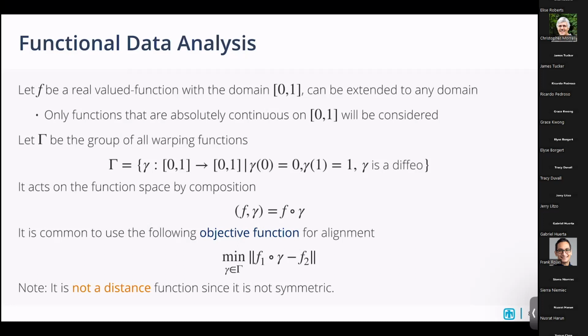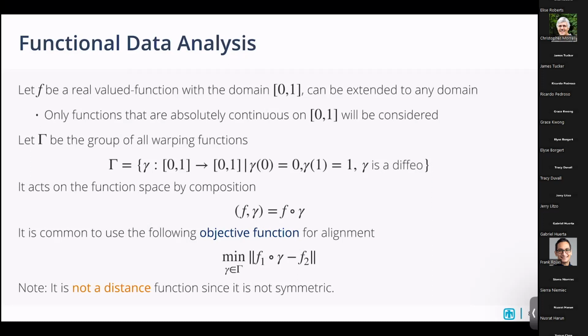The problem is that if we use the standard Euclidean distance in this framework, it's not a proper distance function. It's not symmetric. If you swap F1 and F2, you get a different gamma, which is not even an inverse of the original gamma. It's not isometric, and it doesn't obey the triangle inequality.